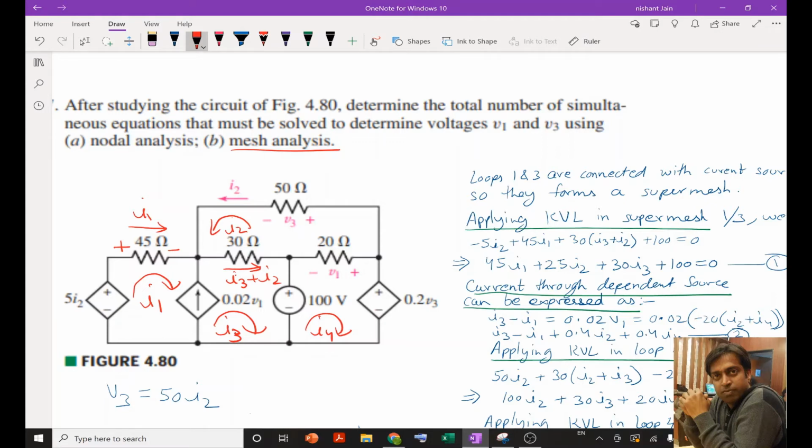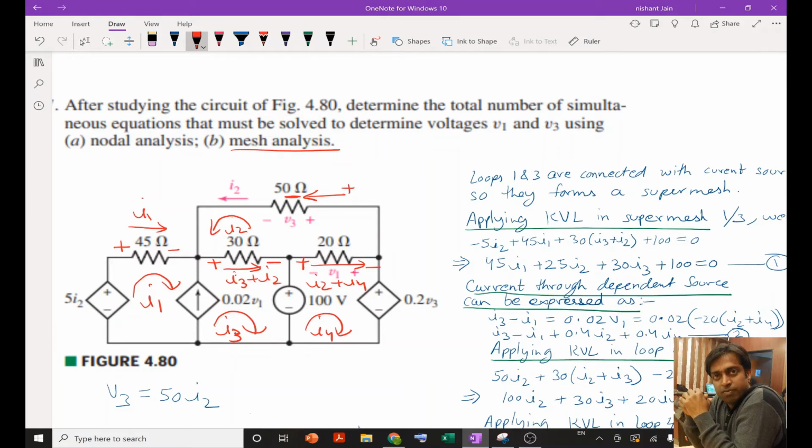Now if I come to this 2 ohm, then the current over here will also be I2 plus I4, and the polarity will be plus at the tail, minus at the head. Similarly, plus and minus over here. Now coming to this 50 ohm, over here only the I2 current is there, and the polarity will be plus and minus.